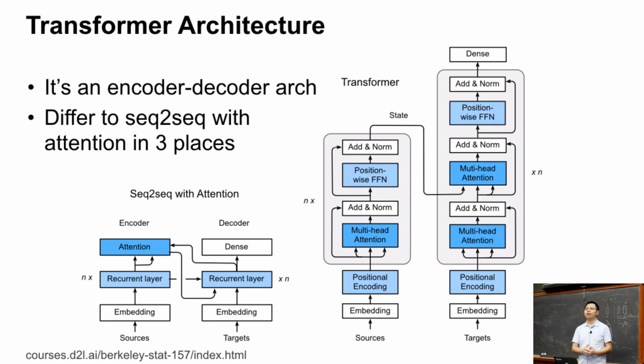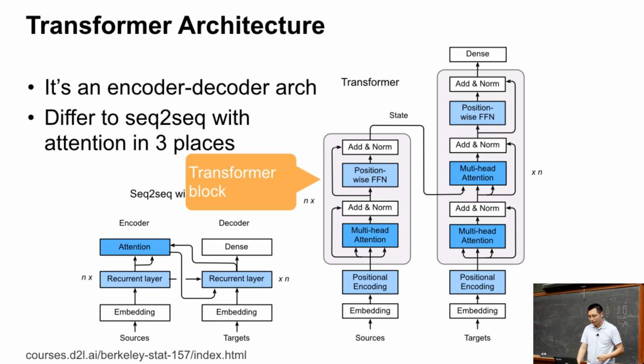So let's first see the differences. The first difference is that in sequence-to-sequence, we have n repeated recurrent layers. Now we replace the recurrent layer with a little more complex transformer block. It has some internal structures we will cover later. But the key thing is called multi-head attention, which is a different variant of the attention layer, but it's self-attention.